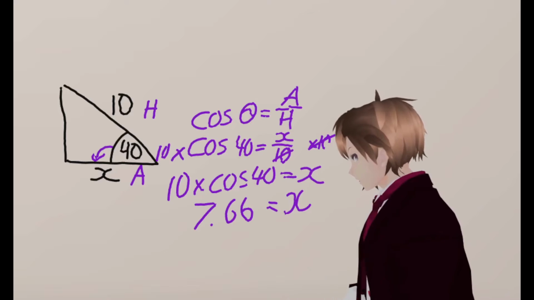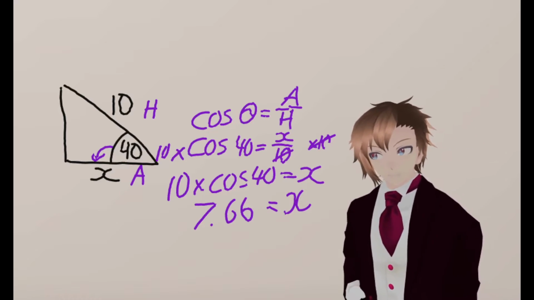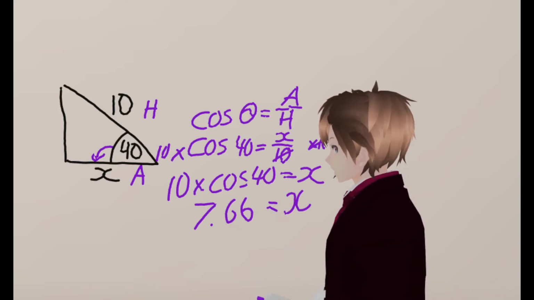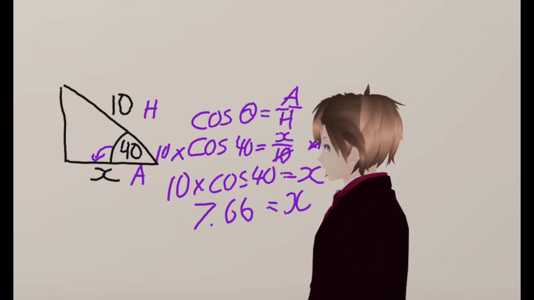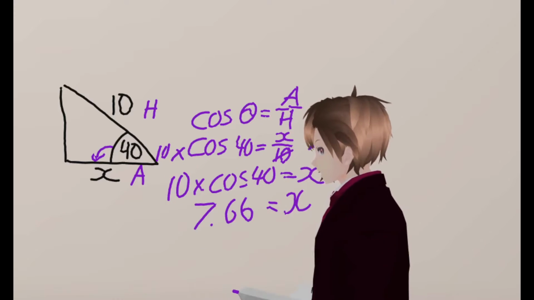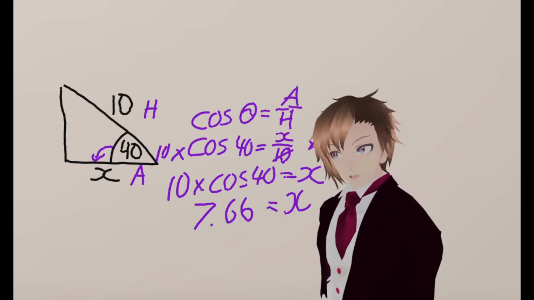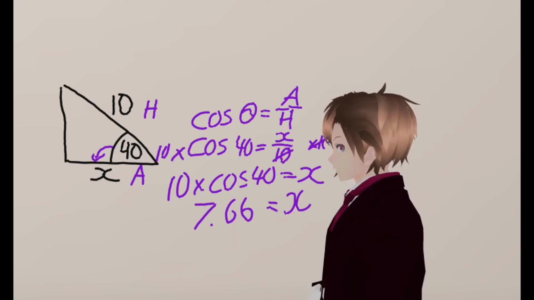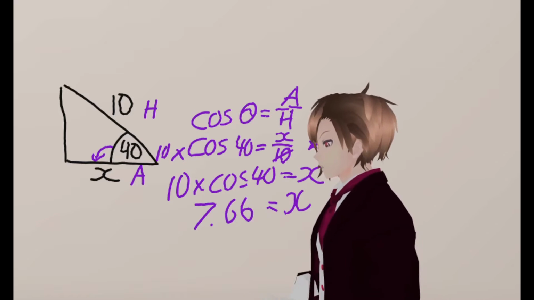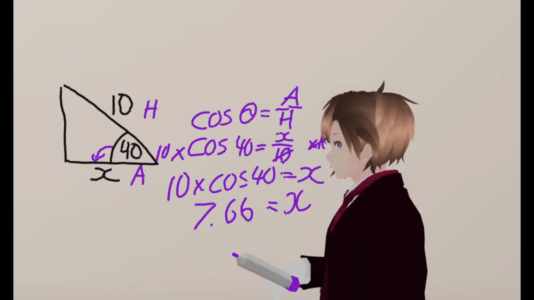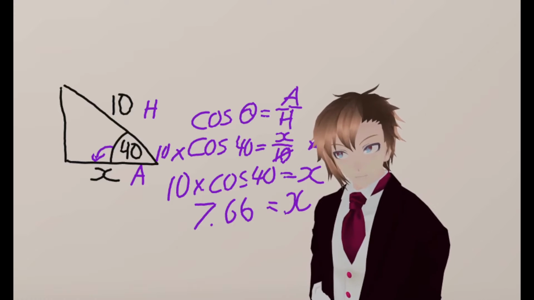So x is 7.66. And that makes sense because if you look at my triangle, this is my longest side, which is 10, and my x here, it's not quite as long as my 10, but it's pretty close. And 7.66 is pretty close to the length of 10.